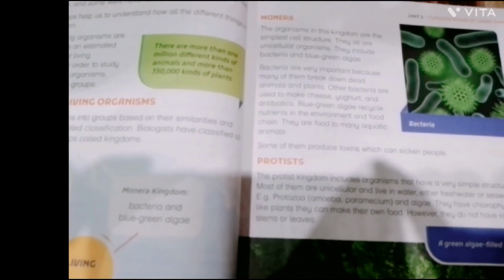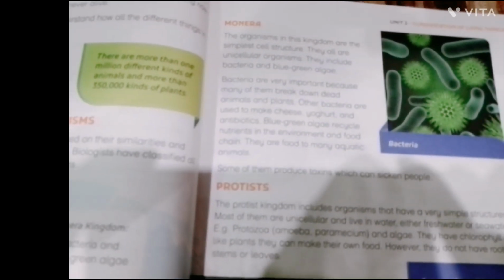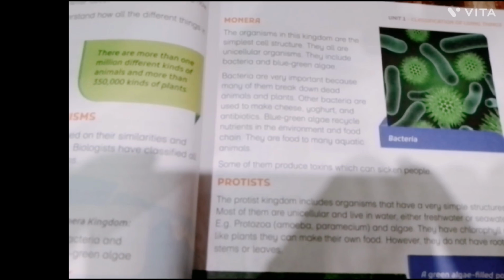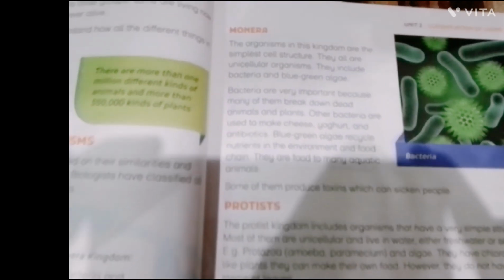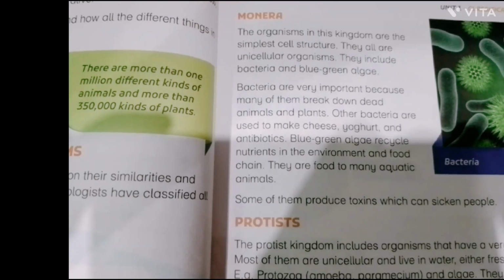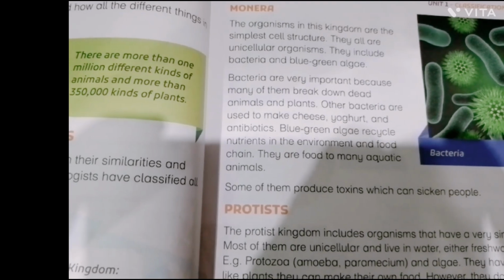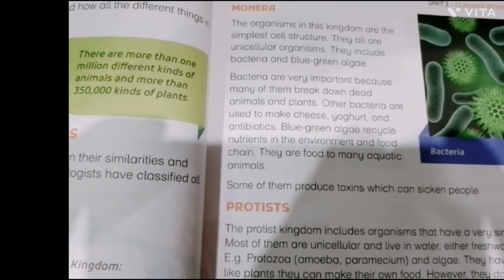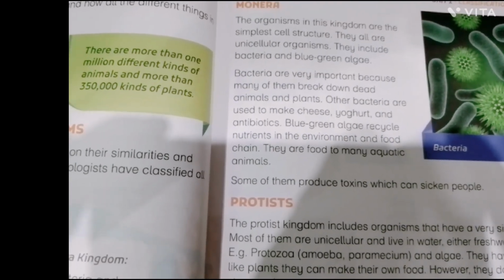So, the Monera kingdom. The organisms in this kingdom have the simplest cell structure. They are all unicellular organisms. They include bacteria and blue-green algae. Bacteria are very important because many of them break down dead animals and plants.